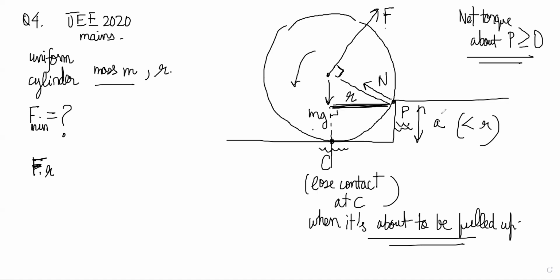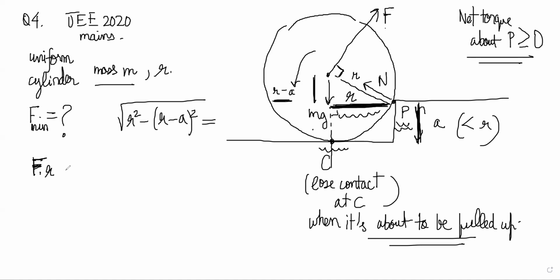And now think about it. This height is a. So this much is what? This much is R minus a, right? And this is R. So we can calculate this distance by Pythagoras theorem. So the distance is actually root over R square minus (R minus a) whole square. That is the distance here.